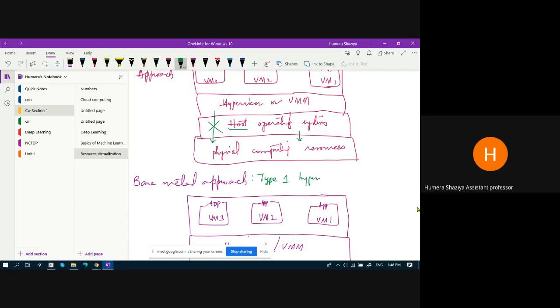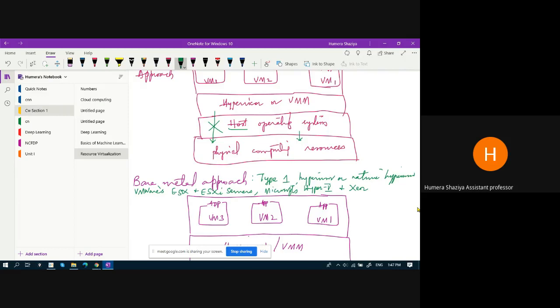Examples are VMware's ESX and ESXi servers, and Microsoft's Hyper-V and Xen.